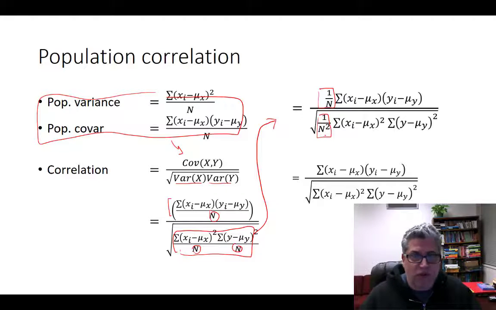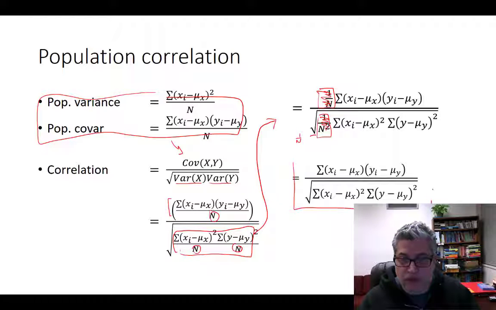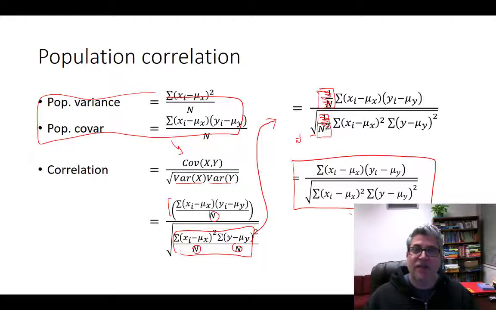So it's like, what's the square root of x squared? It's just x. Well, what's the square root of 1 over n squared? It's just 1 over n. And since this term right here is 1 over n, it cancels with that 1 over n. And that leaves you with a tidy little formula that doesn't have any of those divide by n's or n minus 1's.